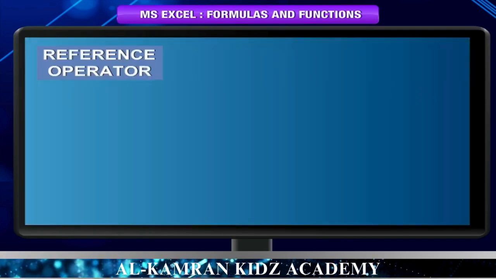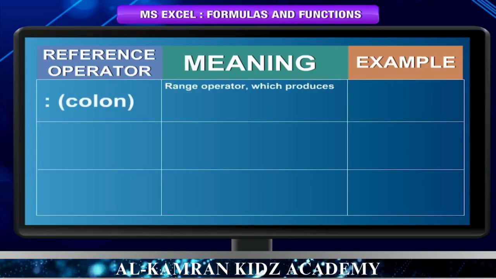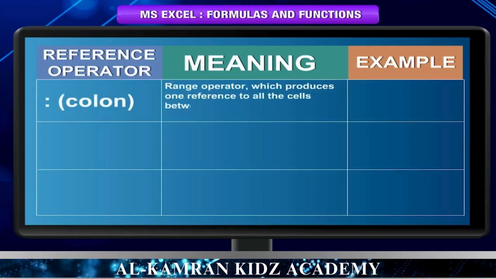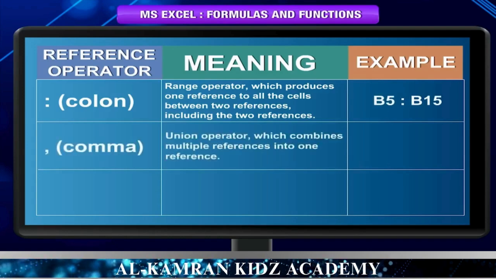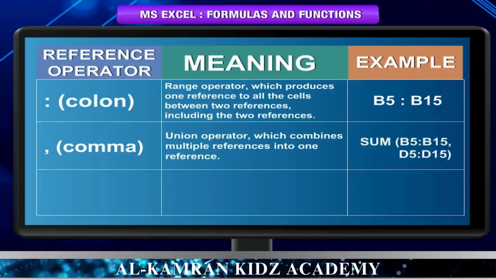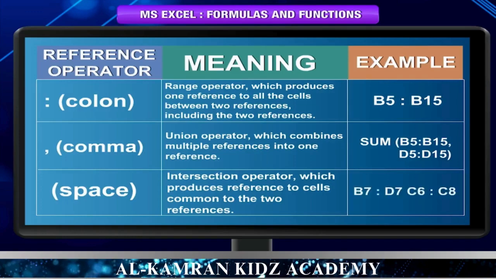Colon is the range operator, which produces one reference to all the cells between 2 references, including the two references, B5:B15. Comma is the union operator, which combines multiple references into one reference, SUM(B5:B15,D5:D15). Space is the intersection operator, which produces a reference to cells common to the two references, B7:D7 C6:C8.